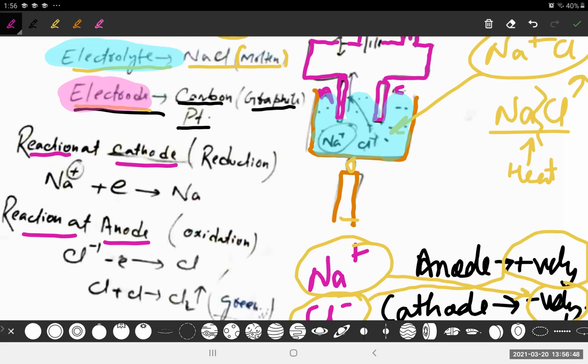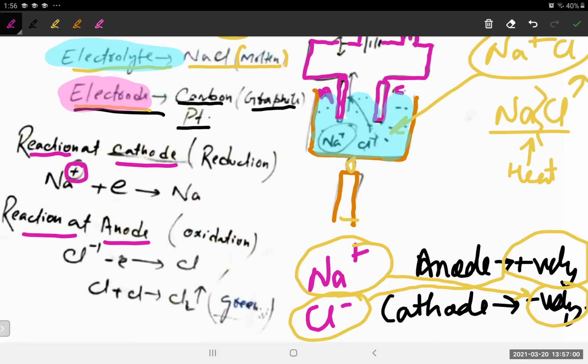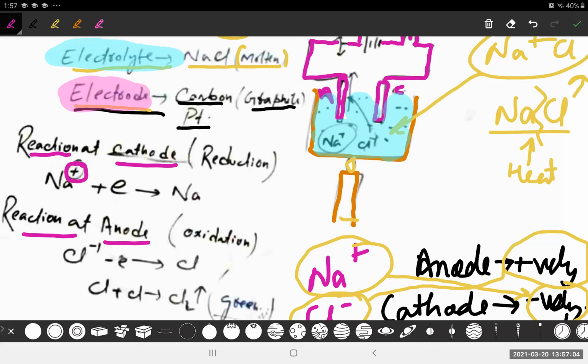Discharging will happen, isn't it? Repeat after me. At electrode, what will happen? Yes, so it's very important. So it is having a positive charge, discharging will happen. That means the charge will be removed. It will be uncharged now, like a discharged battery.